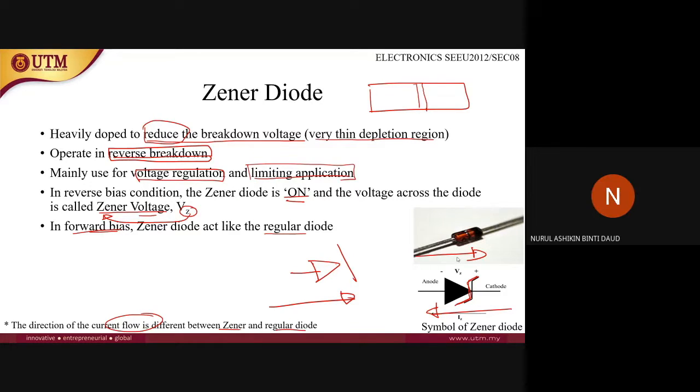But in that condition, we didn't call the diode a Zener diode, we call it a normal diode. Oh, maksudnya kalau kita change the voltage direction baru kita panggil Zener? Yes. Because usually at reverse bias, the regular diode is off, right? But for Zener, it is on. So that's why we call it a Zener diode.